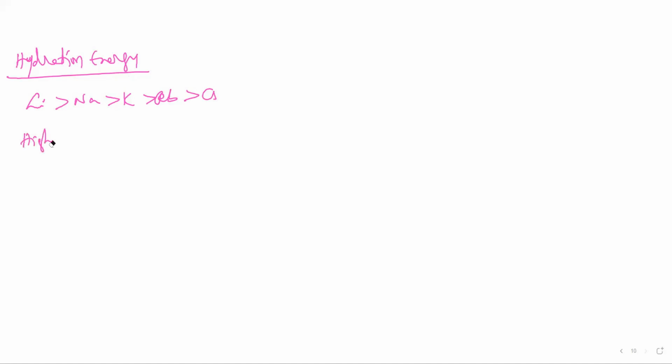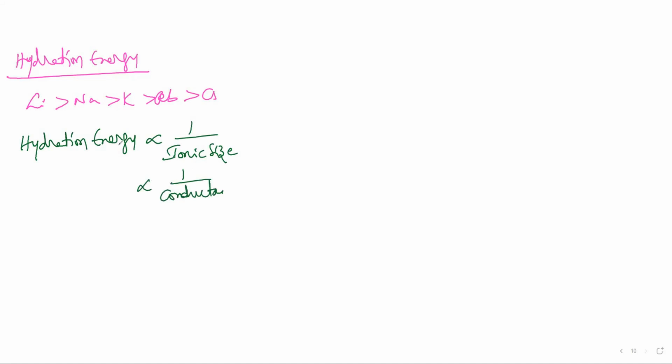Hydration energy is inversely proportional to ionic size. This is inversely proportional to conductance. So that means more the hydration energy, low will be its conductance. More the hydration energy, that means its ionic size is less. Okay.